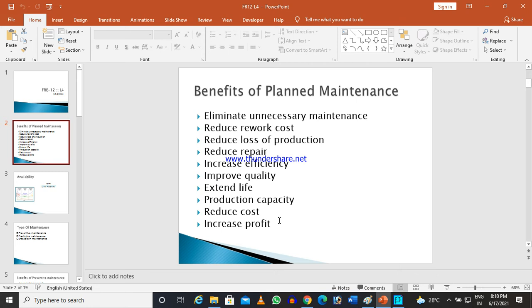You have to compromise with the revenue. So to avoid the loss of production, this planned maintenance is important.